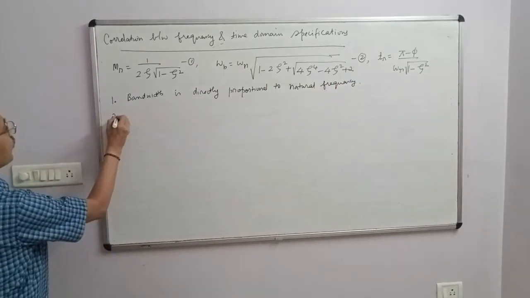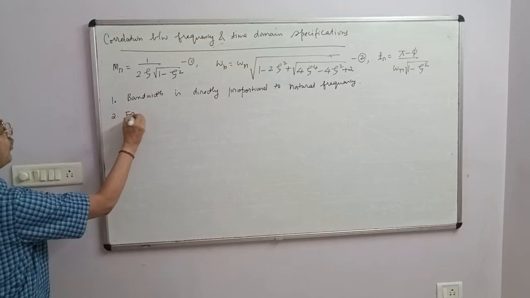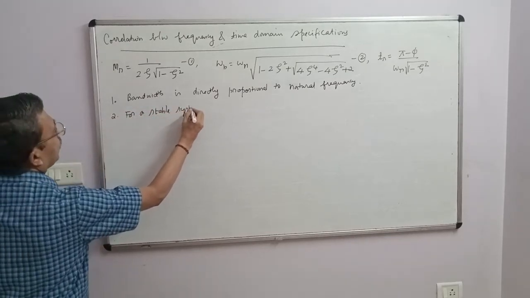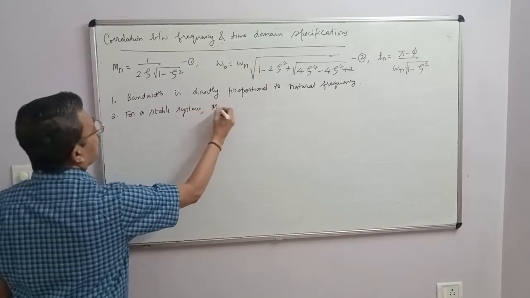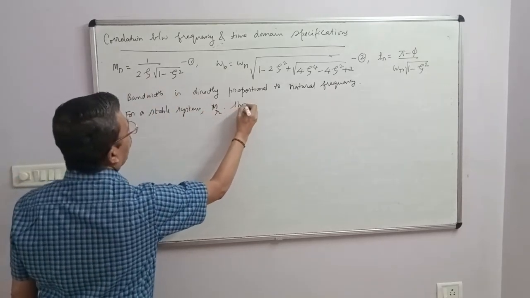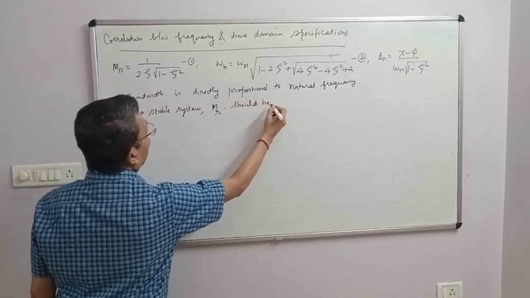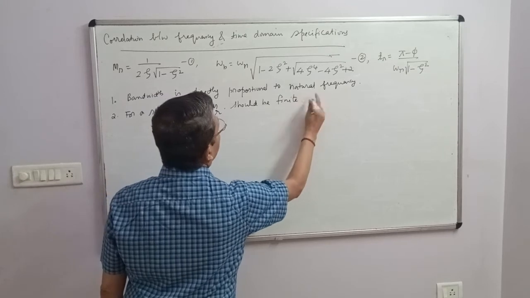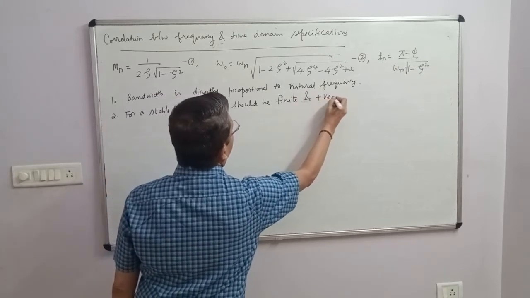Second one, for a stable system, MR should be finite and positive.